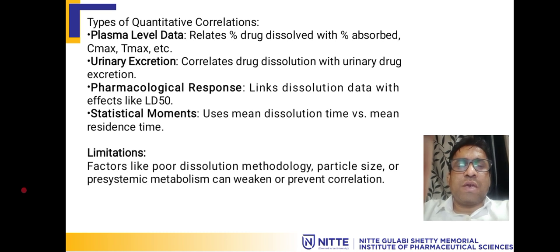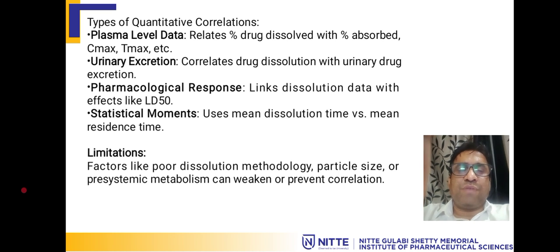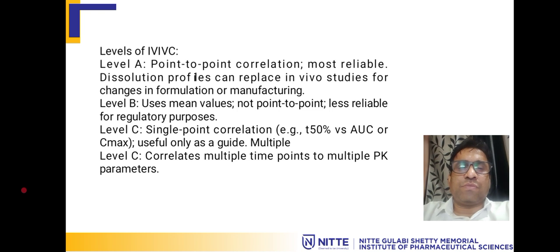Pharmacological response links dissolution data with effects like LD50. Statistical moments use mean dissolution time versus mean residence time. Limitations: factors like poor dissolution methodology, particle size, or pre-systemic metabolism can weaken or prevent correlation.